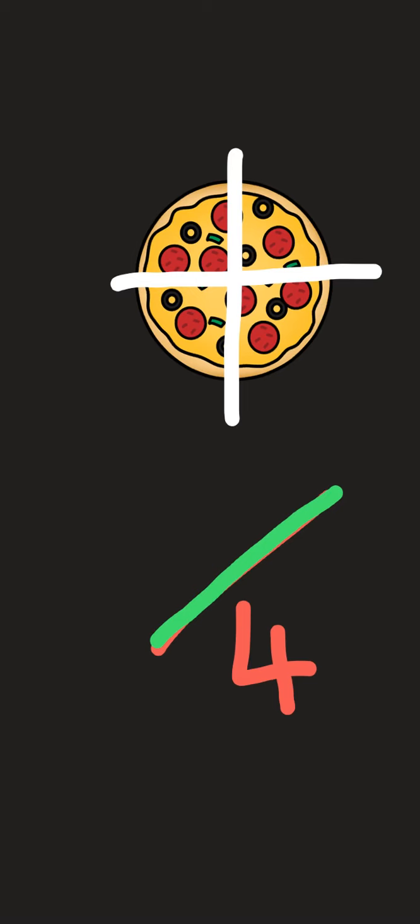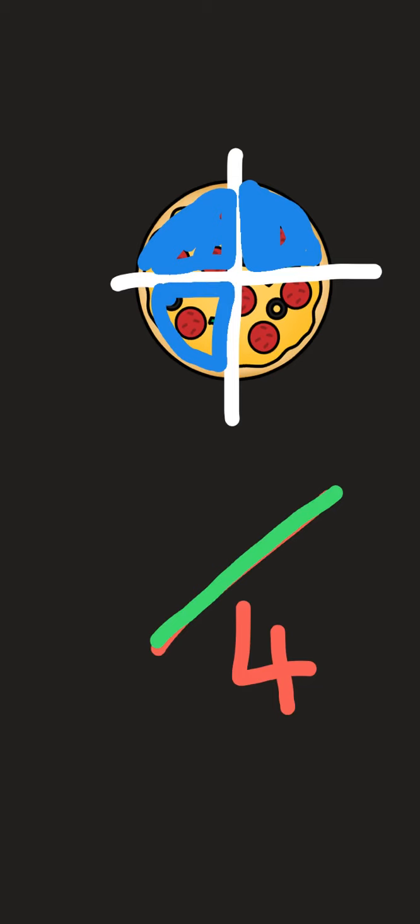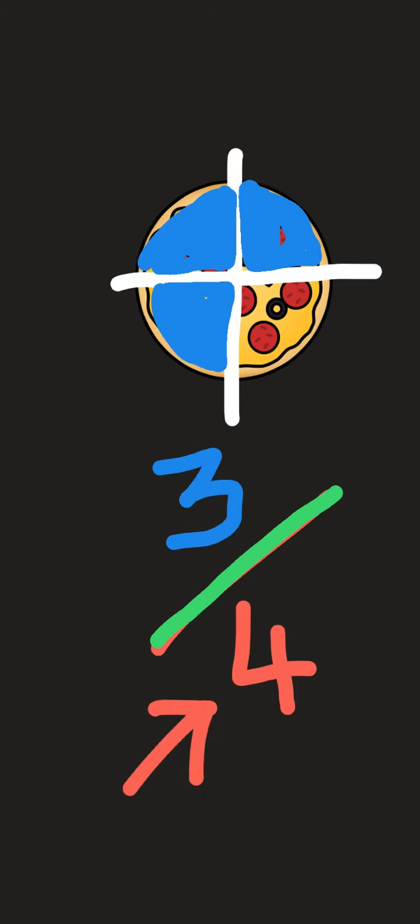And I get to eat, lucky me, 3 of those equal parts. So my numerator is going to be 3. So I like to say I've split the whole into 4 equal parts and I've got 3 of them.